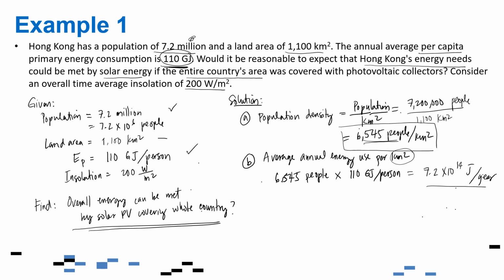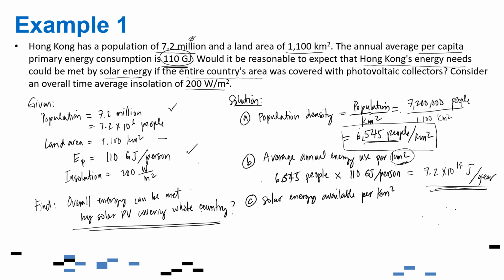So now we need to compare this amount of energy consumption to the energy generation. The solar energy generation by PV should also be per square kilometer, so that we will have a good comparison.